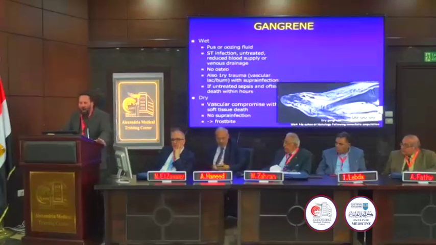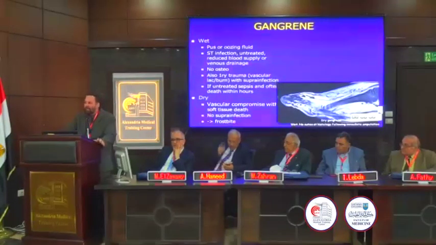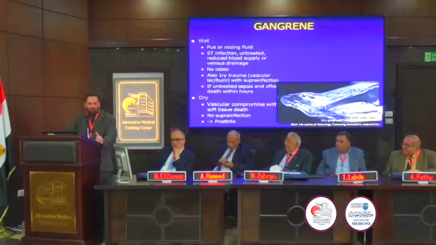Now, dry gangrene is much more common than wet gangrene. And dry gangrene is basically ischemia to the 100th degree. And it's just dead bone and soft tissue from ischemia. Wet gangrene is an infection that includes vessels, and you get secondary ischemia.